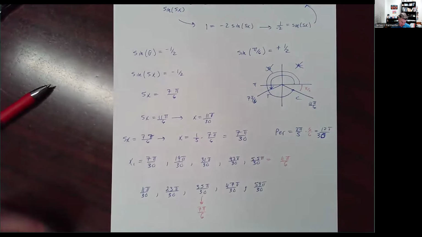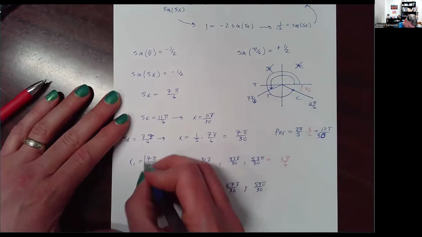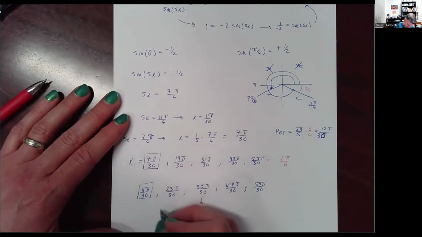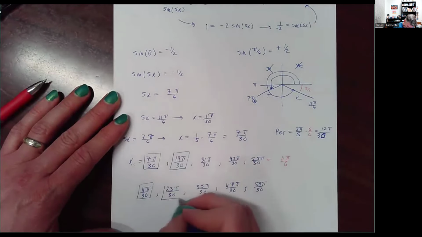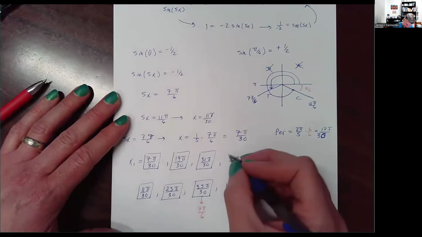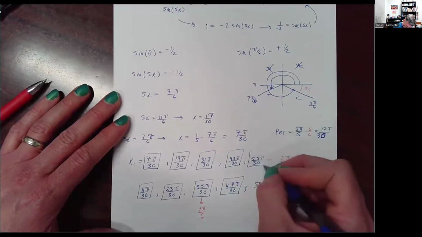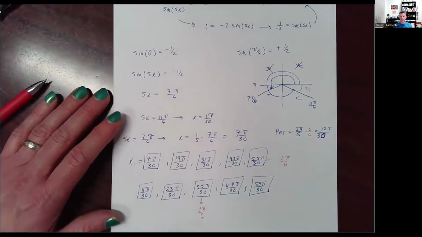Sometimes weird things happen with numbers. So these are our answers. And in order, it's 7 pi over 30, then 11 pi over 30, then 19 pi over 30, then 23 pi over 30, then 31 pi over 30, then 7 pi over 6, then 43 pi over 30, then 47 pi over 30, then 11 pi over 6, then 59 pi over 30.